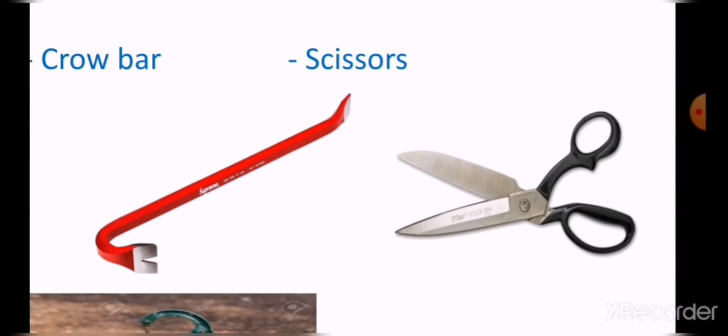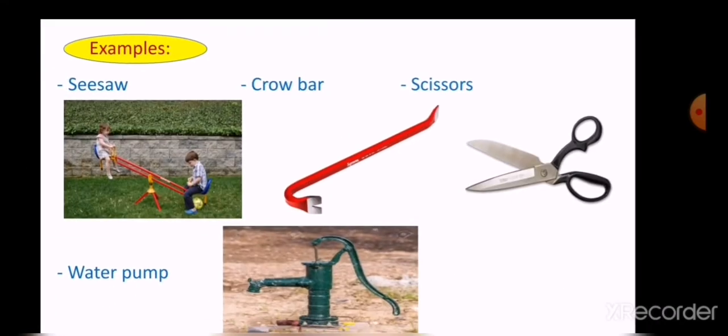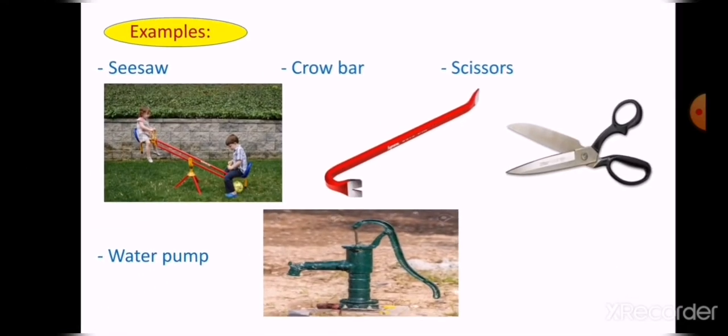Scissors is a first class lever because you apply your force in the handles, and the resistance force results from the weight of the object in the metal here, but this nail is the fulcrum. It's the fixed point that this bar rotates around. So the scissors are examples of first class lever.